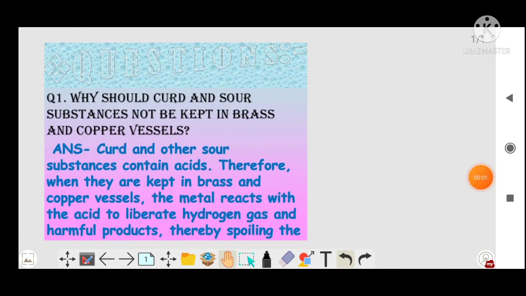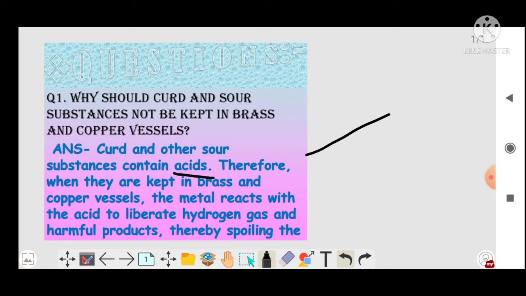Here is a question. Why should curd and sour substances not be kept in brass and copper vessels? Because curd and sour substances are acidic in nature. They contain acids.